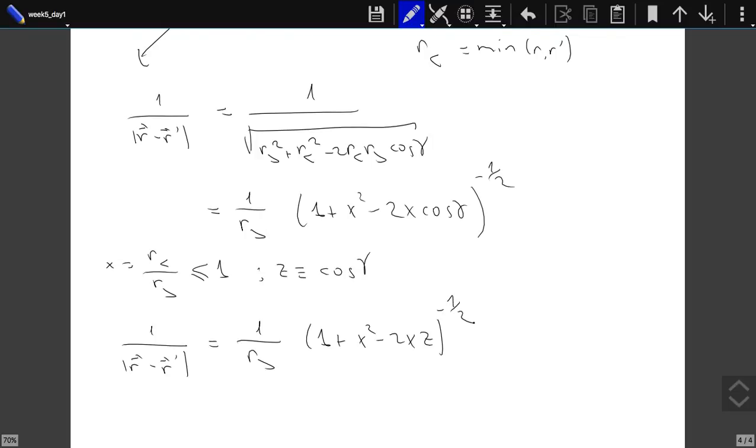Now, I will assume that for z close to plus or minus 1, those are the singular points, let's see how it behaves. It should behave like (z plus or minus 1) to some power.